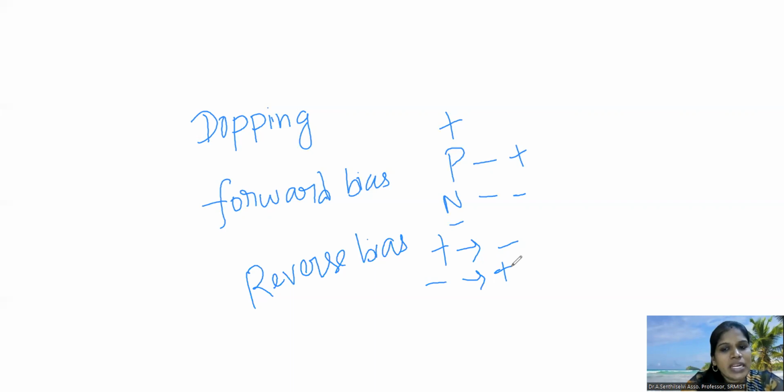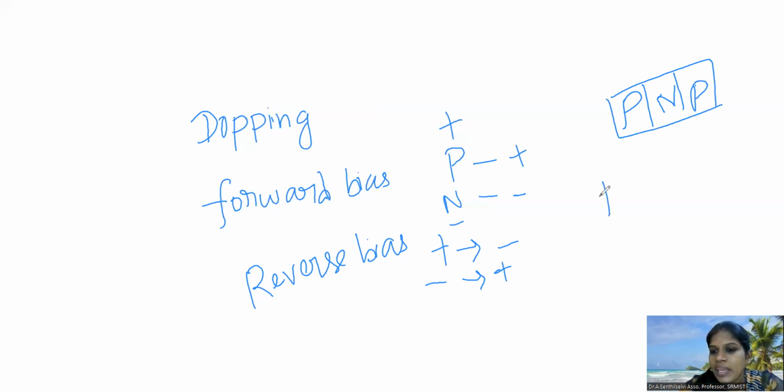In a PN junction, if you add one P-type material here, it is a PNP transistor. If you add one N here, it is called an NPN transistor.